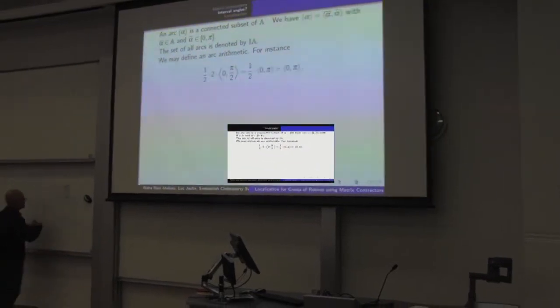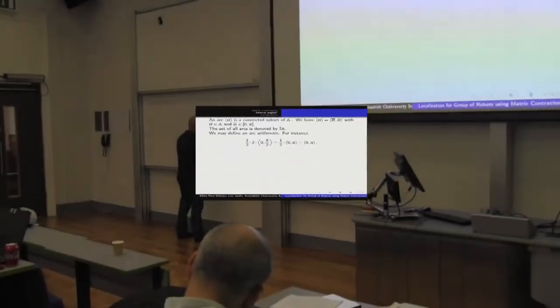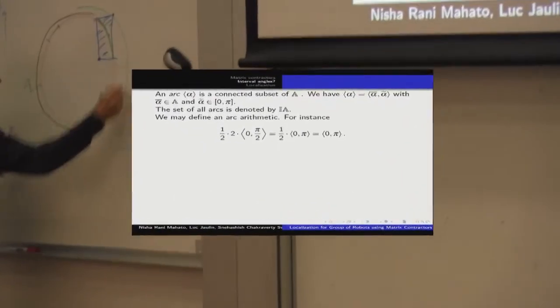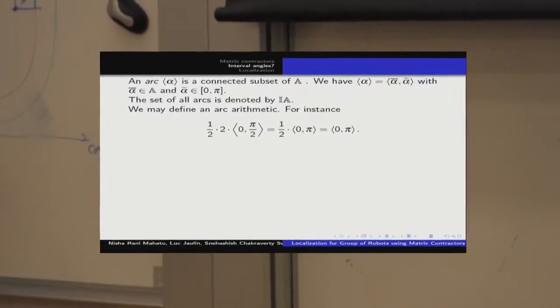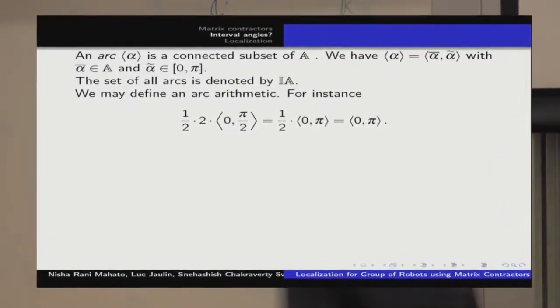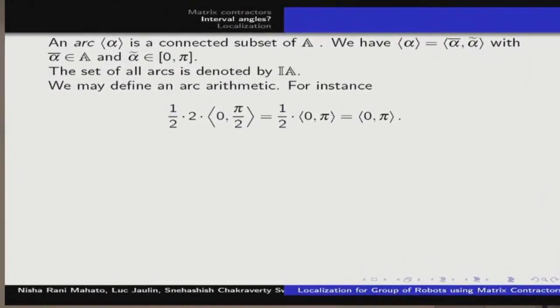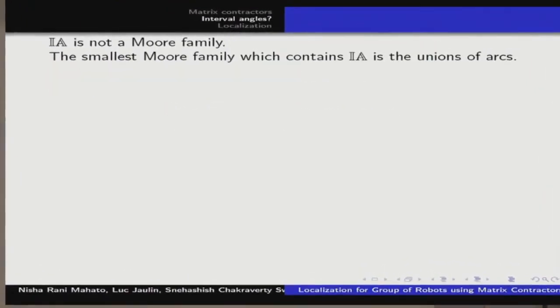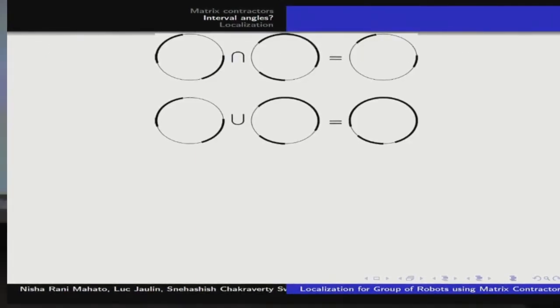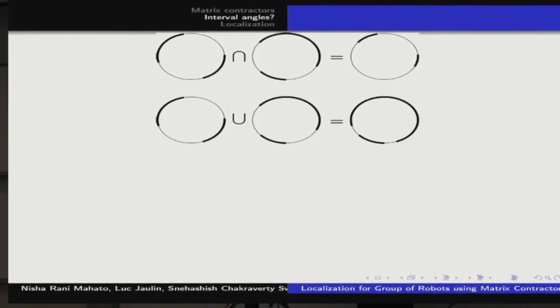For instance, if I take this arc, and I intersect it with this arc, the intersection is not an arc, but a union of arcs. So the smallest family which encloses the arcs is a union of arcs, and I can define intersection, union, and so on. But it's dangerous to work like this.